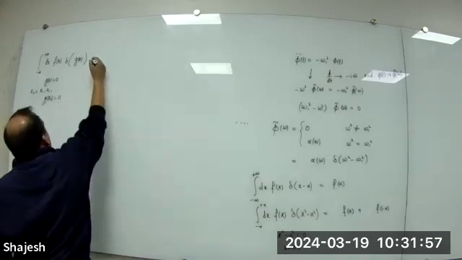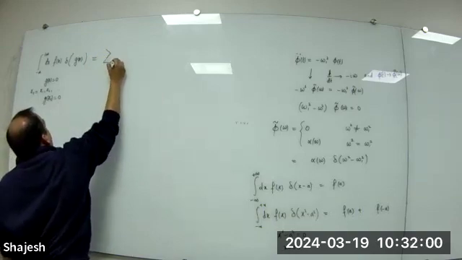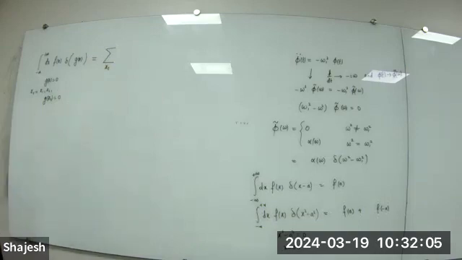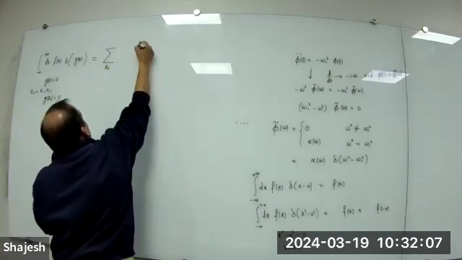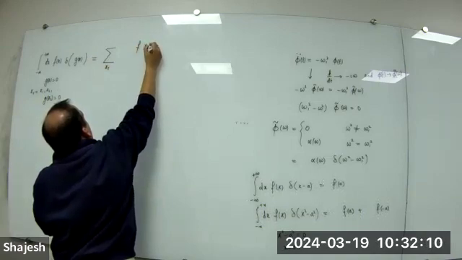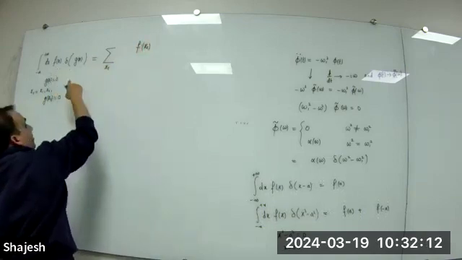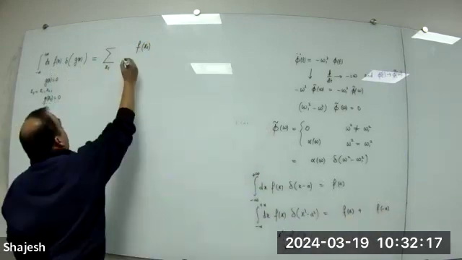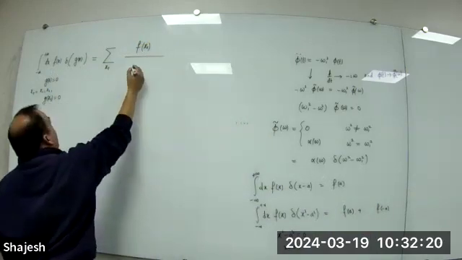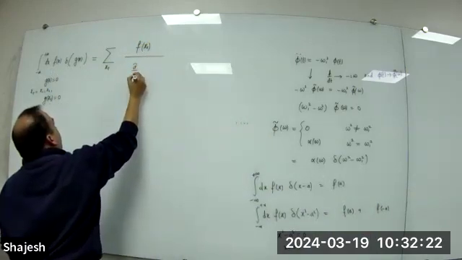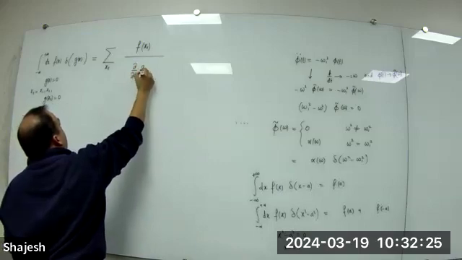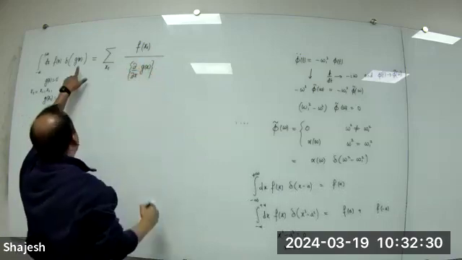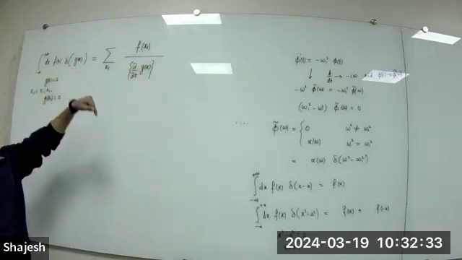So the answer is you have to add up over all x_r, the sum over all x_r, and of course there is f of x_r, evaluated at x_r. So that's what I wrote there. But I'm interested in the coefficients. The coefficients are determined by this: you evaluate the derivative of g, the function that was there inside, take the derivative of that.